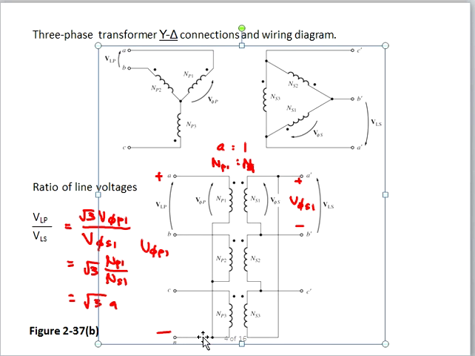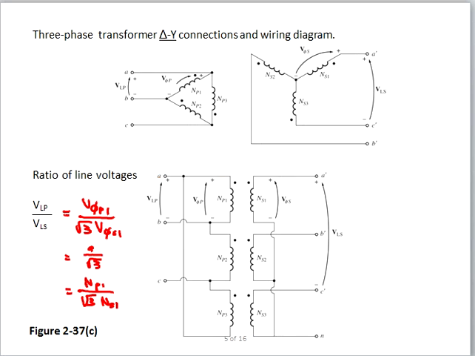And as you can see, the dot here, 1, 2, and here, 1, 2, and you connect it to the secondary. So the voltage of the primary over the voltage of the secondary, after the calculation, is going to be equal to the square root of 3 multiplied by a, which is 1.